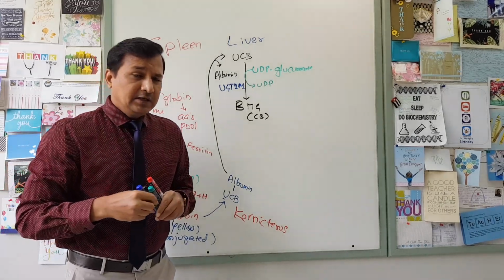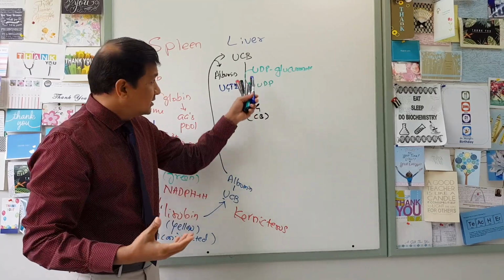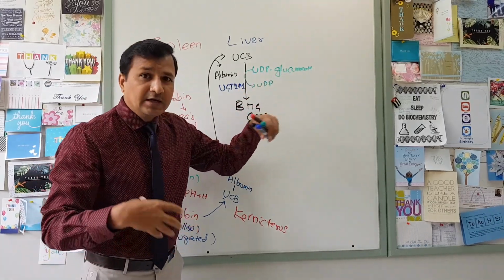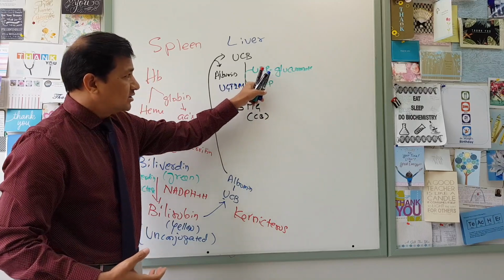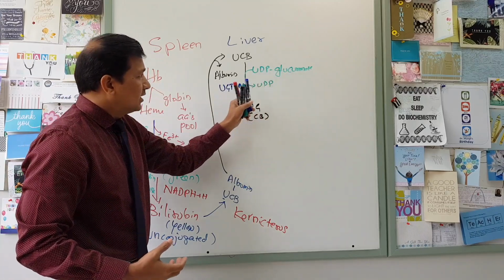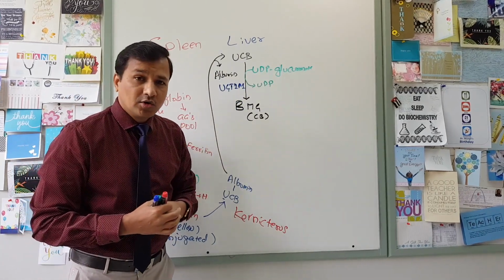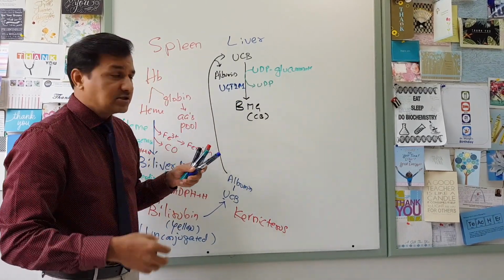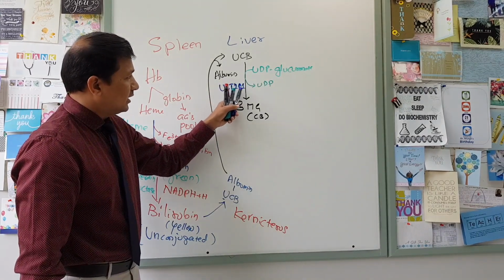I will repeat again. The name of the enzyme is UDP glucuronosyl transferase. It is going to transfer this glucuronate, which is coming in the form of UDP, to unconjugated bilirubin and make it bilirubin monoglucuronide. That's why the name of the enzyme is UDP glucuronosyl transferase 1A1.